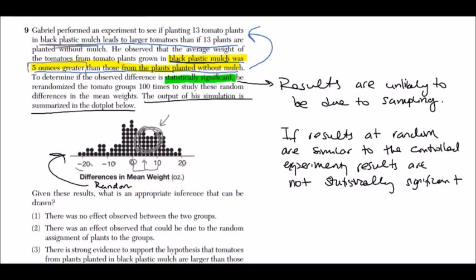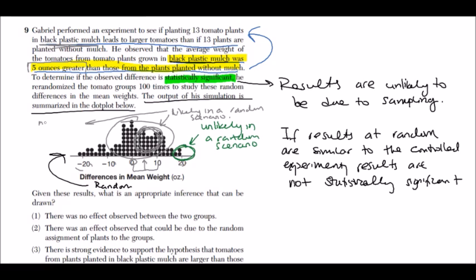Now, had he gotten a result of, say, 22 or 23 or even 20 ounces greater, see, this here would be very unlikely in a random scenario. Whereas the results all over here, these are likely in a random scenario. So, the results that are likely in a random scenario are not statistically significant and prove nothing.